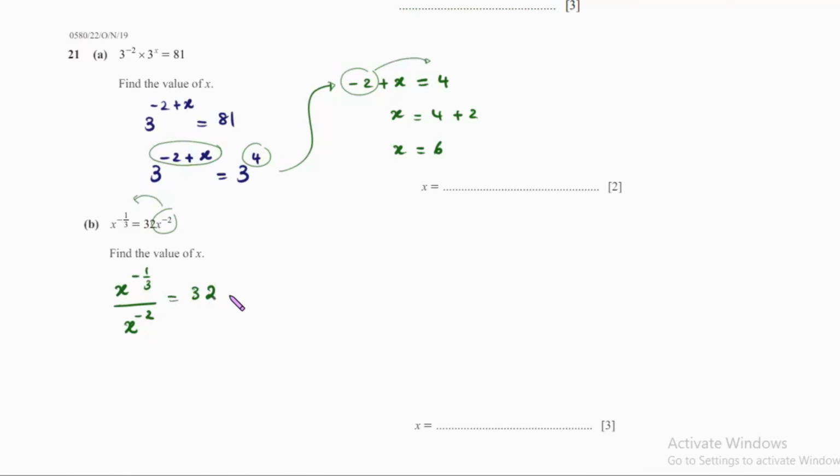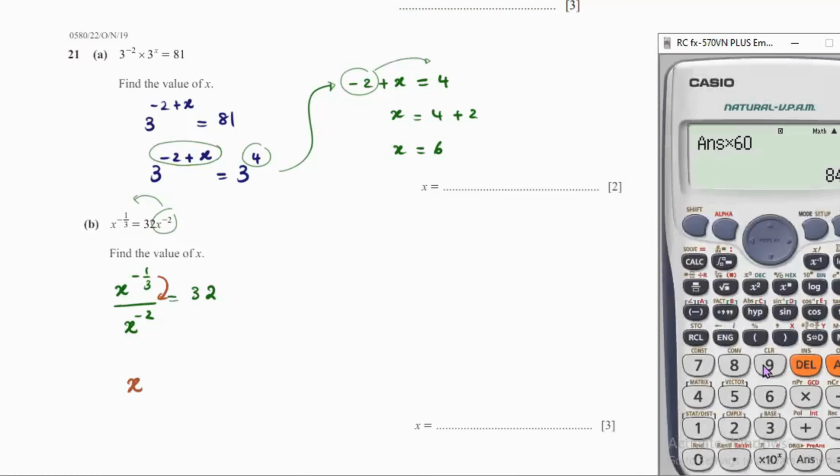This is equal to 32, which means now this negative 1/3 and this have the same base, which is x, and it's being divided. So I need to make sure to subtract the indices. I need to do negative 1/3 minus this minus 2, so minus 1/3, and I've got to subtract a negative 2.